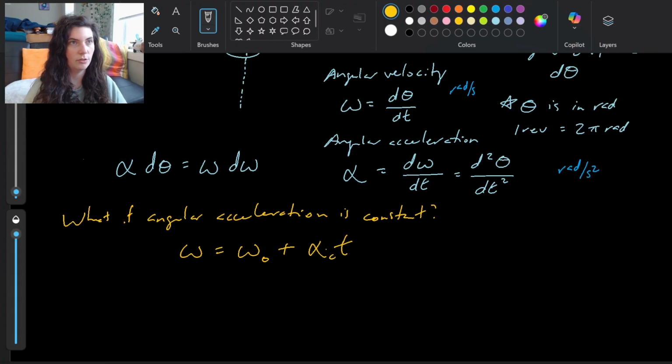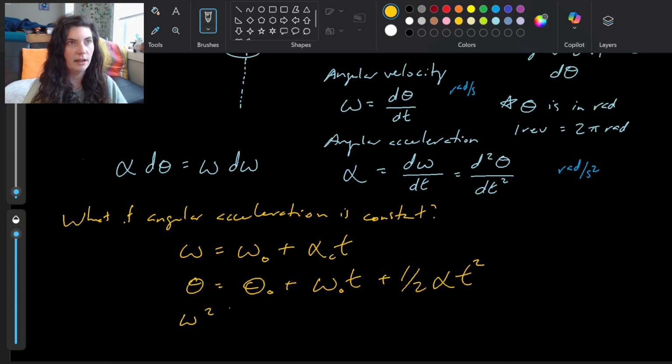It holds true for our thetas as well. Theta, our angular position, equals our initial angular position, theta naught, plus initial angular velocity times t, plus 1/2 alpha t squared. 1/2 times angular acceleration times t squared.